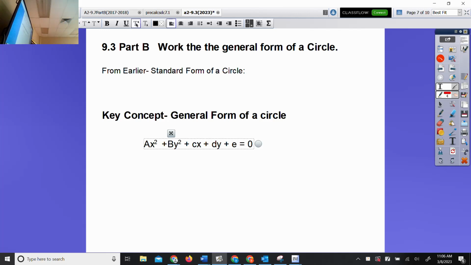Obviously, that is the general form of the circle. And you can't do anything with it. You can't look at it and figure out where the radius and the center are. Now, there's another disclaimer here. A must equal B, or it's not a circle.